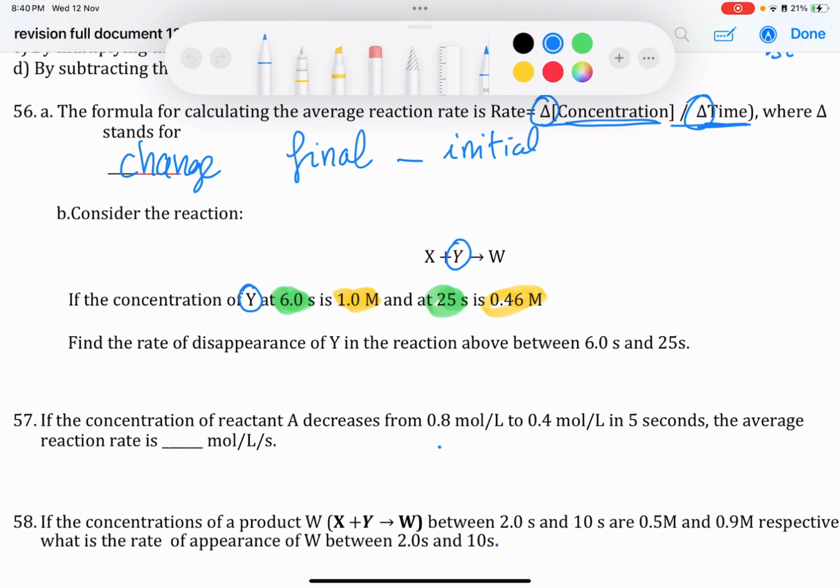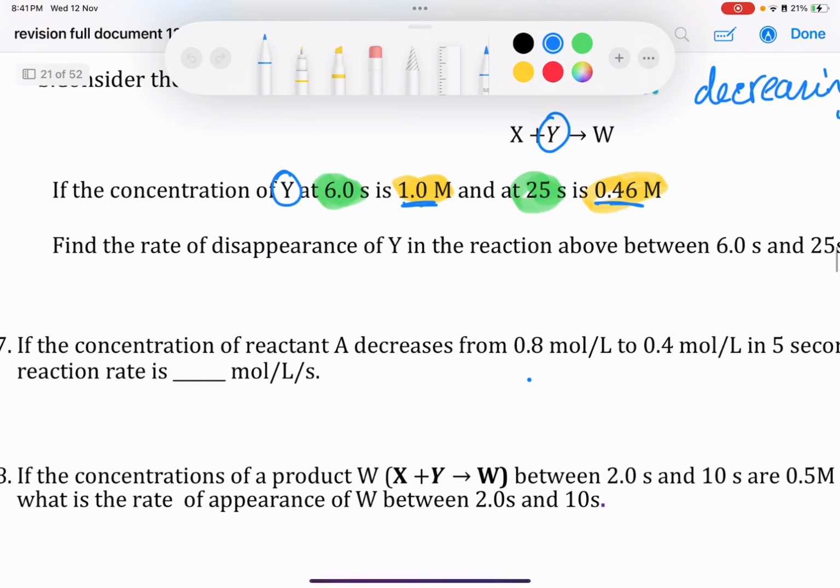You can see the location of Y, it's on the reactant side. So Y is a reactant. Moreover, when you check the concentrations, it started at 1 and it finished at 0.46. So the concentration is decreasing. Also the question says, find the rate of disappearance.